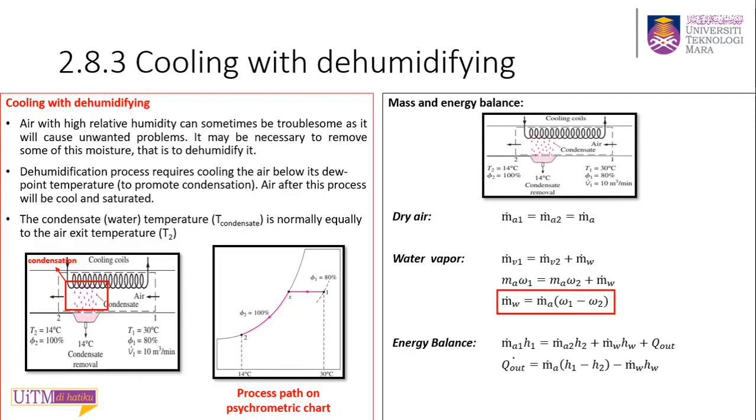For energy balance, using the steady flow energy equation, the equation is reduced into the following equation. Rearranging this equation allows us to calculate the amount of heat removed during the process. Now, please take note of these two key points for this process.